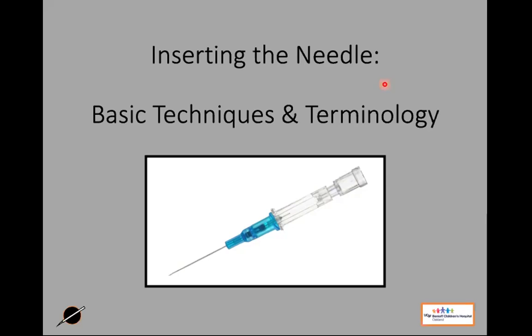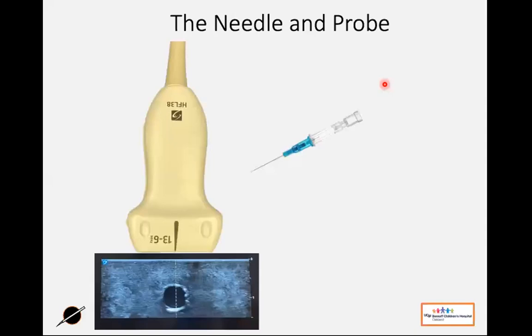Okay, so we've got our supplies, we've got our machine set up, we've got our patient set up. We found our vessel, and now we're going to talk about introducing the needle. So again, I talked about our probe and this little marker right here. That marker is going to correspond to our center line image on the screen. We are looking at this.